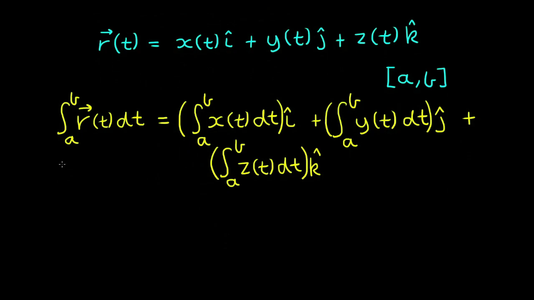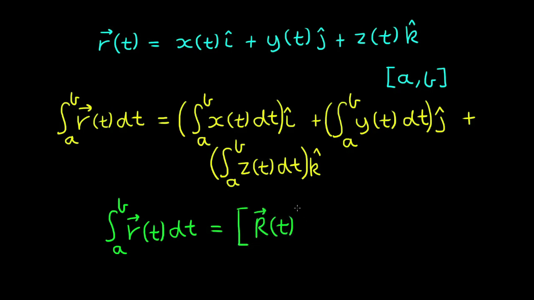So by the fundamental theorem of calculus, the integral of the vector-valued function over t from a to b, being the definite integral, is equal to the antiderivative R of t evaluated at the endpoints of the interval.